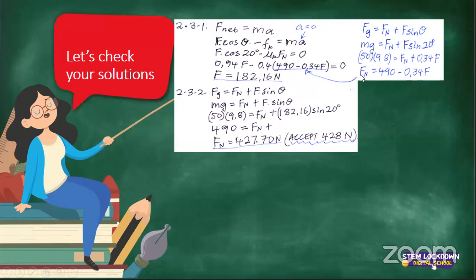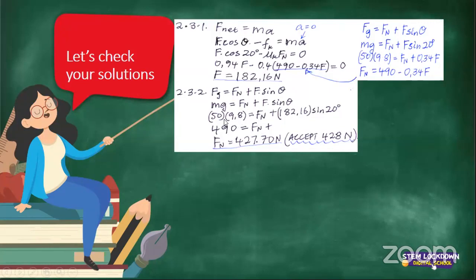Then we are also asked to determine Fn, which is the normal force. From this equation here, we can rewrite it to say Fg equals the normal force plus the y component of the force, which is F sine theta. You can write it in either of these forms. We know that Fg is mg, and then the normal Fn, plus F sine theta.